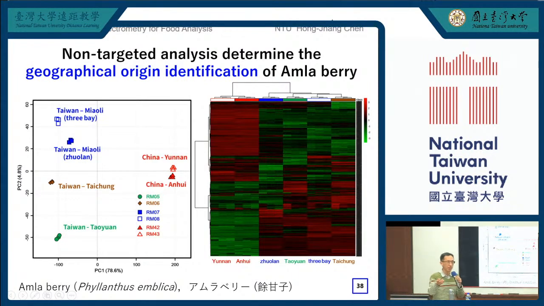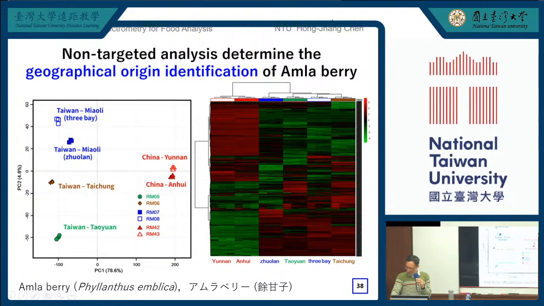For the previous study, when I did the experiment on the Julius, I needed to use target analysis to do the geographical origin identification. But in this case, the non-target analysis is good enough. So that's based on the different food, different types of material. You may choose a different strategy to do that.